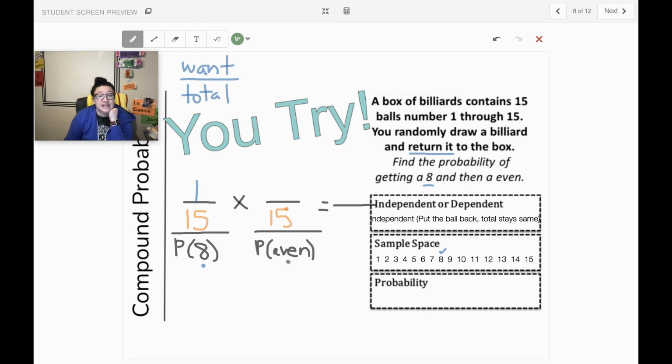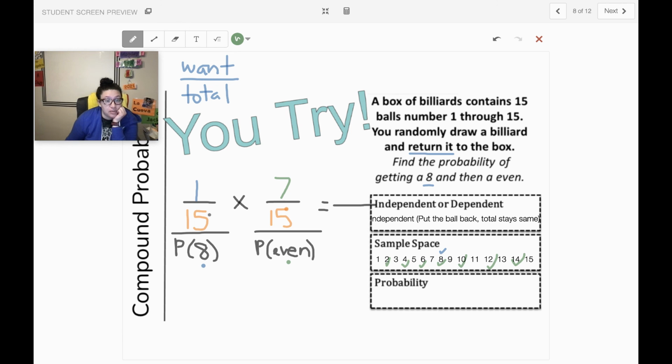Then we were looking for even numbers. So even numbers would be 2, 4, 6, 8, 10, 12, 14. So there are 7 balls that are even numbers. So 7's going to go in my numerator.